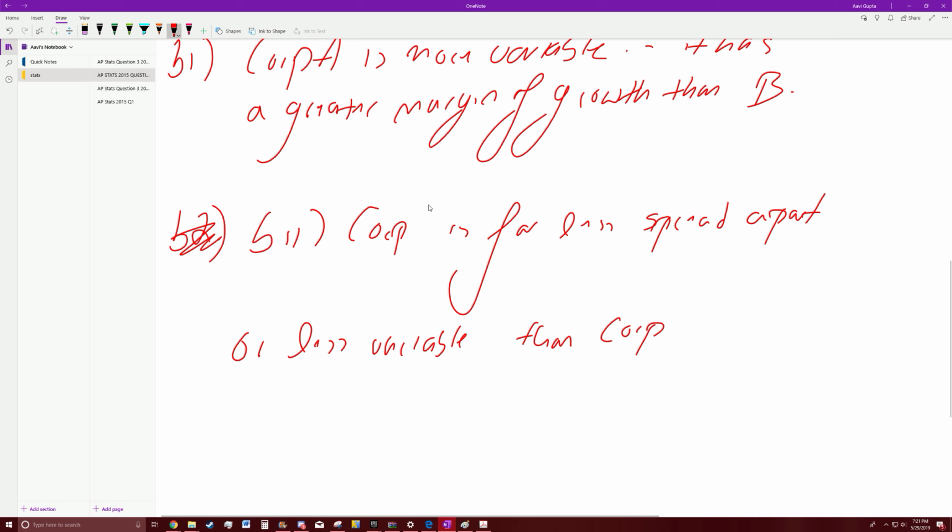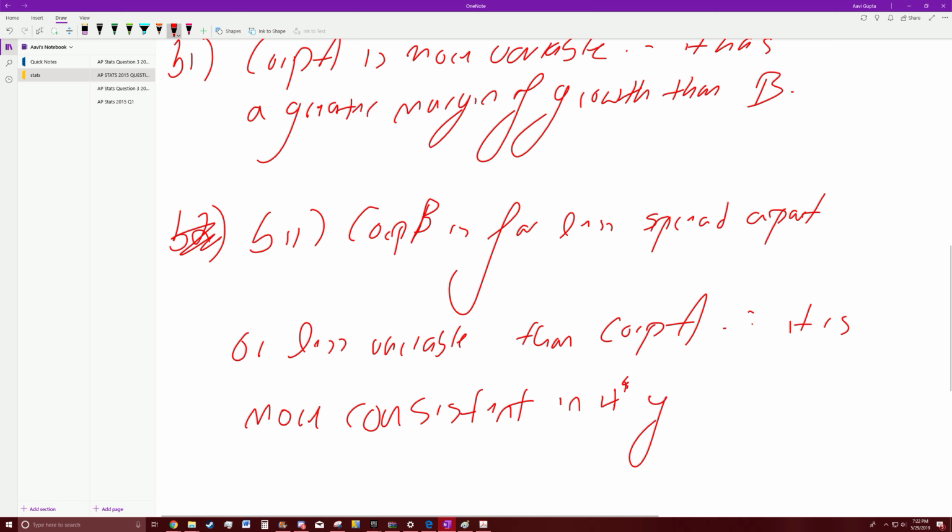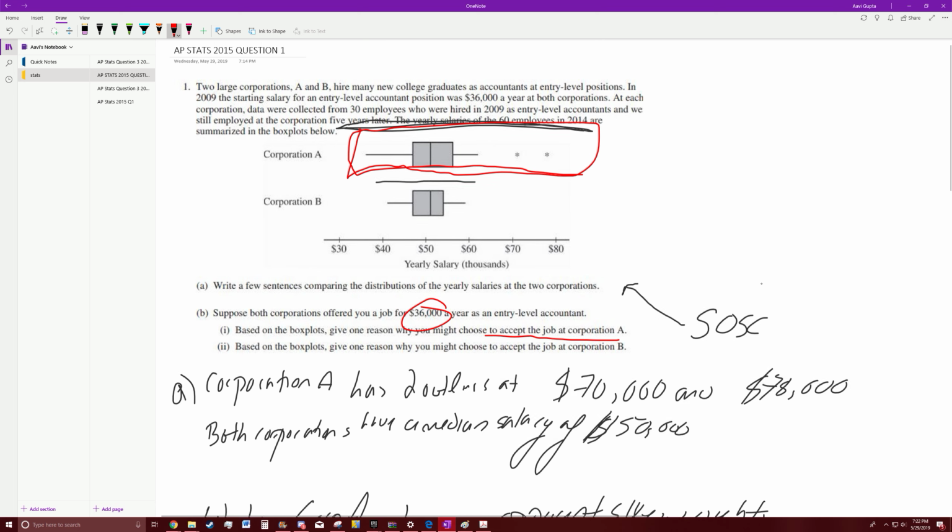Corp B is far less spread apart or less variable than Corp A. Therefore, it is more consistent in its yearly salary. Alright, I think that should be sufficient for this question.